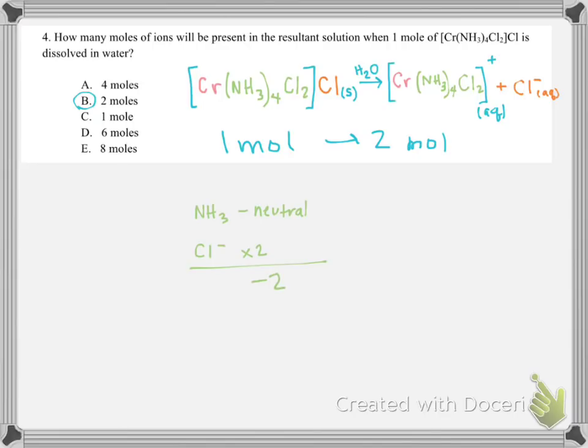And so if they'd asked, we could tell them then that the chromium must be just +1 charge. I'm sorry. The chromium must be +3 charge, because the overall complex has a positive charge, and we're putting something that's -2 on it, so the chromium would be +3. But it's not asking for that. I just wanted to give you guys a heads up.